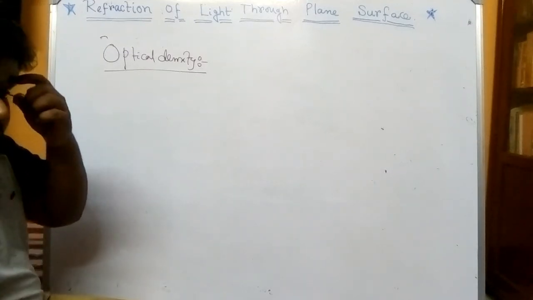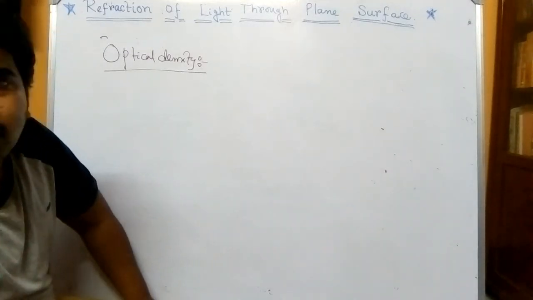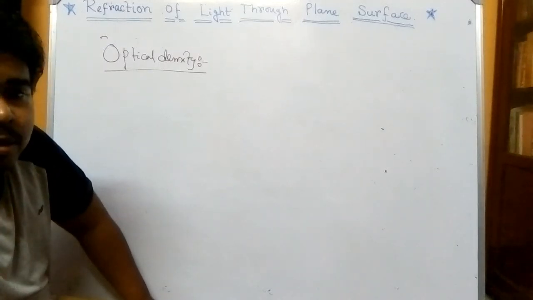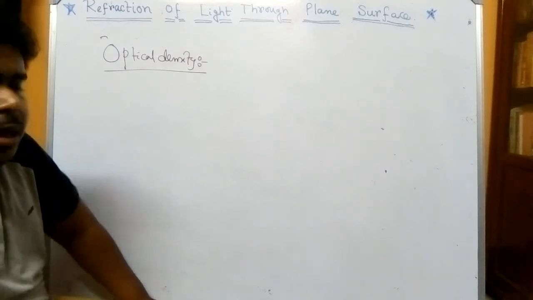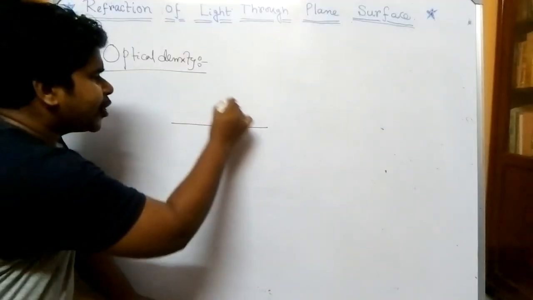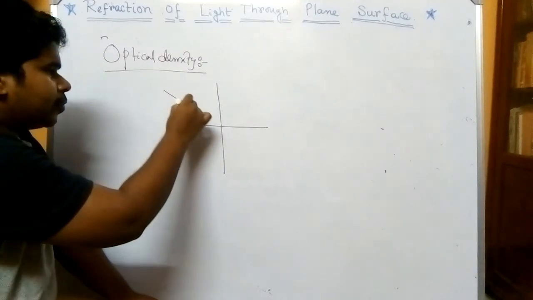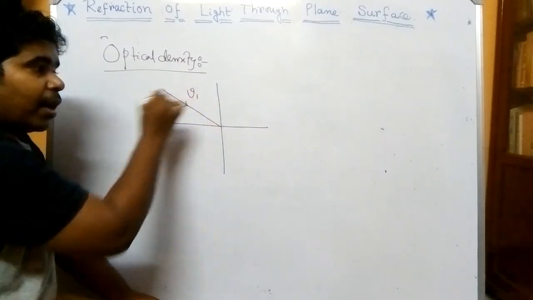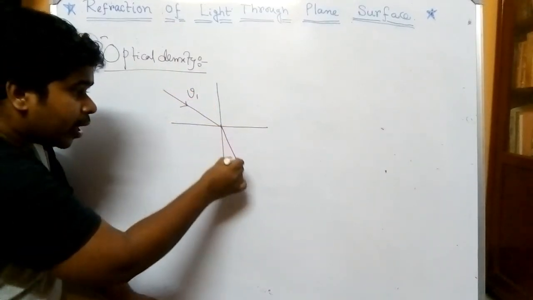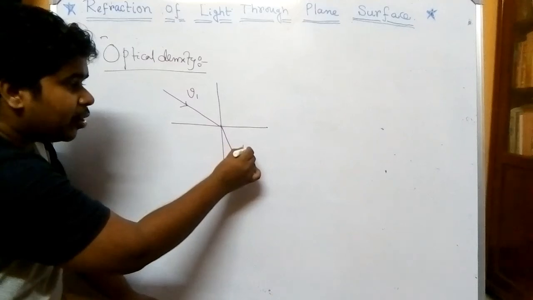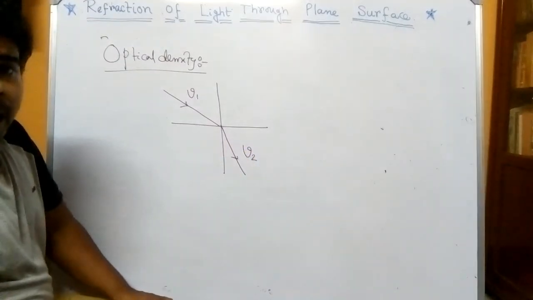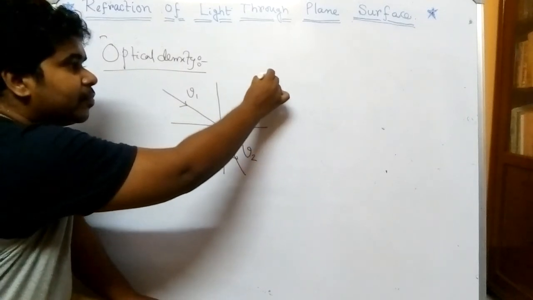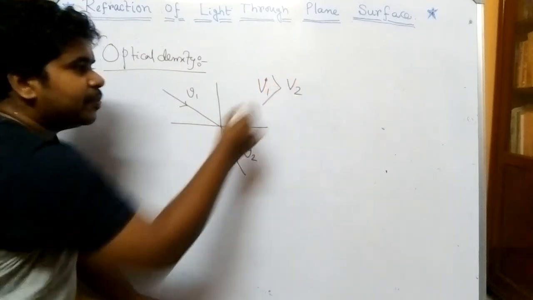We have seen that in some media the speed of light is more, but in some media the speed of light is less. Assume in refraction the light ray comes from one medium where the speed of light is v1 and goes to another medium where the speed of light is v2, and v1 is greater than v2.